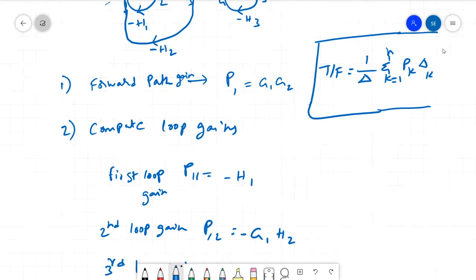Now the forward path Pk is calculated. There is only one forward path. Now we are calculating del. What is the del formula?